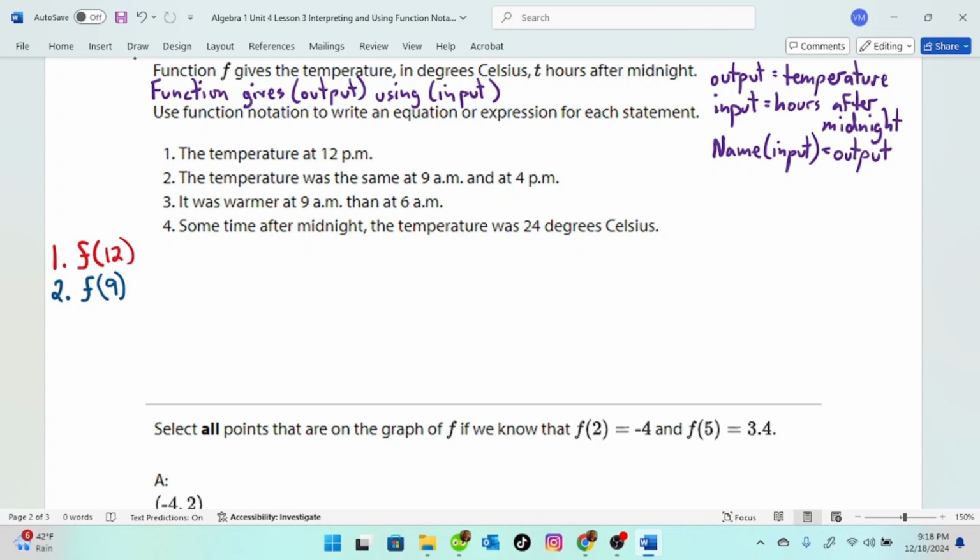And when we see it say same, that means equal to function f of 4 p.m., which is 16 hours after midnight. So f of 9 equals f of 16.